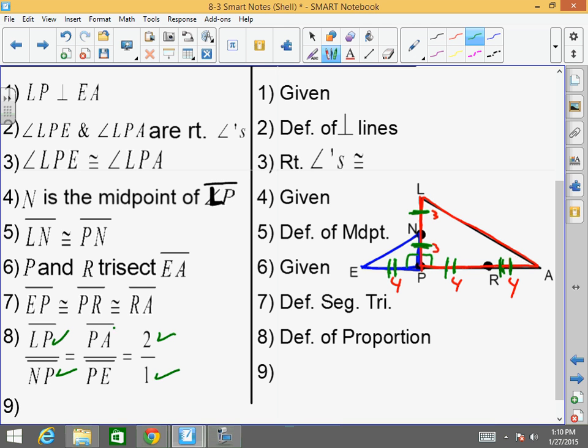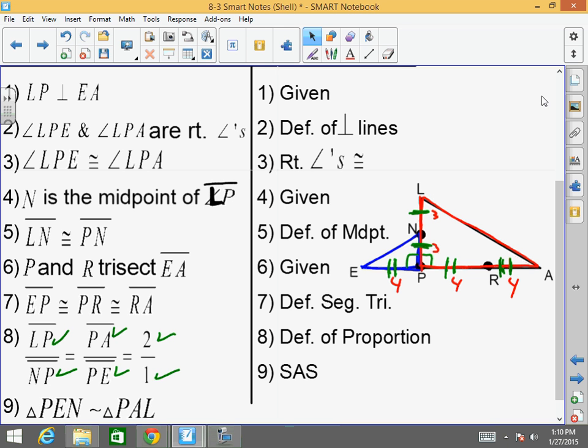Isn't that also a 2 to 1? Do you see me, guys? Now, if you don't see that, you could just attach random numbers like I did, and hopefully that really accentuates it for you. So then, how can I prove that triangle PEN is similar to triangle PAL? Side angle side similarity. Got to put the similarity here.